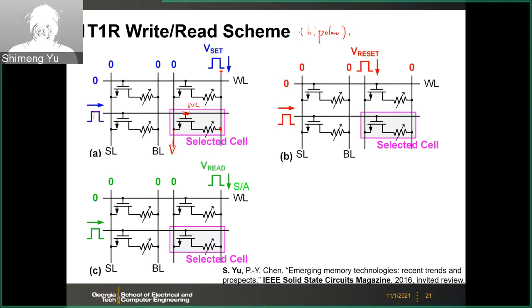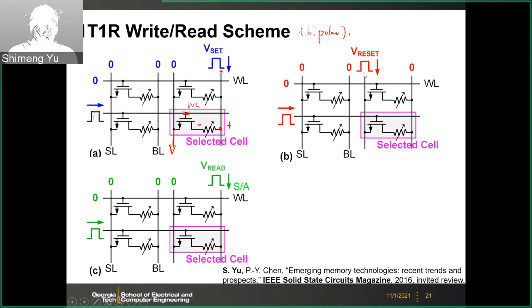So you have more positive voltage across this cell. And if your voltage is large enough, then you can set the cell to the low resistance state, on state, or the 1 state. And other cells will be either half selected or unselected.